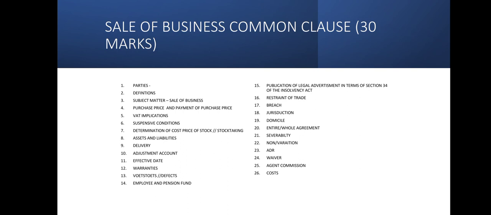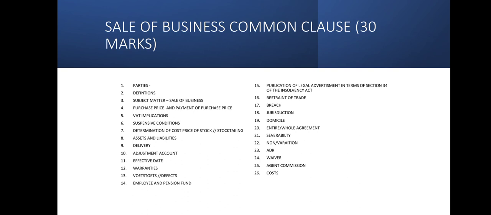Okay. And then Voetstoots. Voetstoots is a common term. It is found in most sale of business agreements, or even in most agreements between two parties selling immovable or movable property.